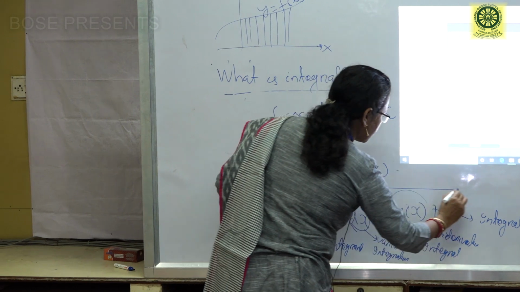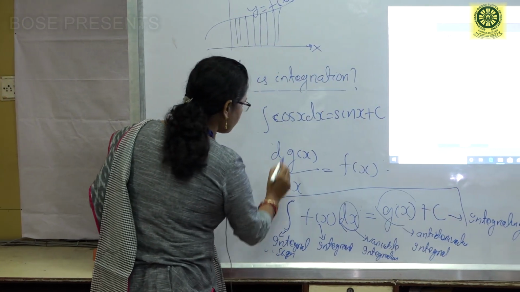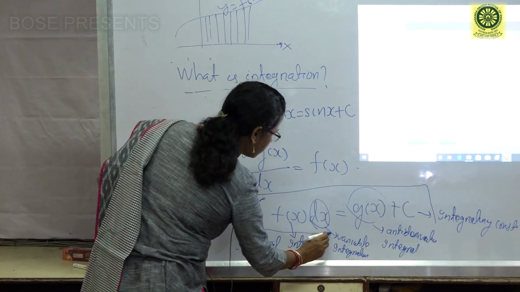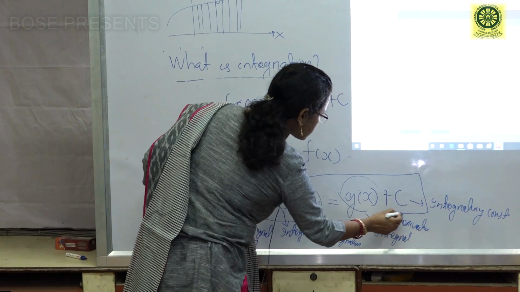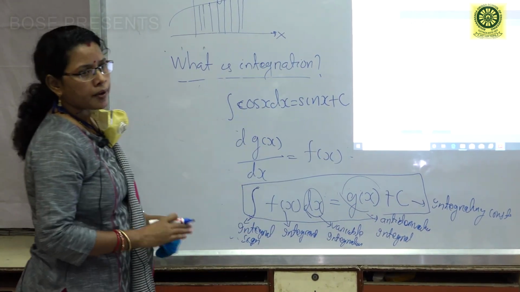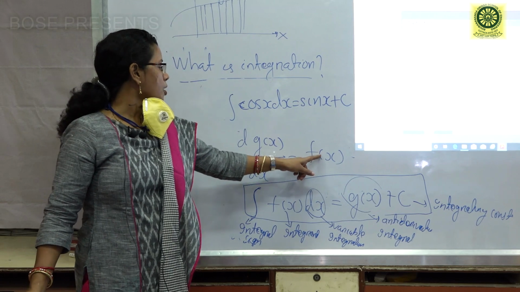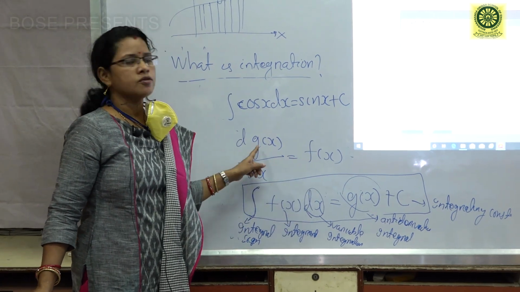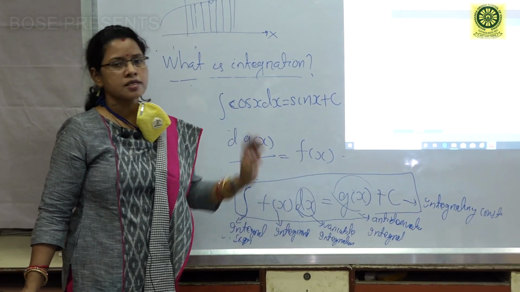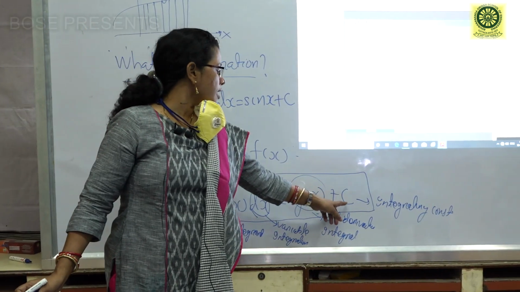That is, if the derivative of the function g of x is equal to f of x, then the integral of f of x with respect to x is g of x plus c. Here c is the integrating constant.